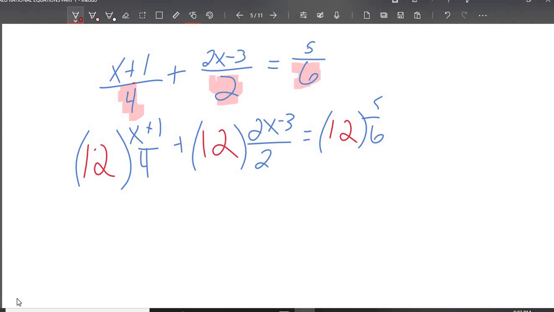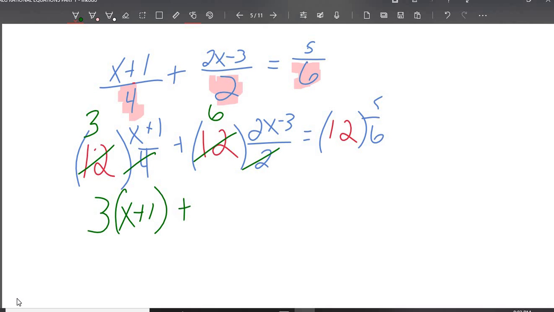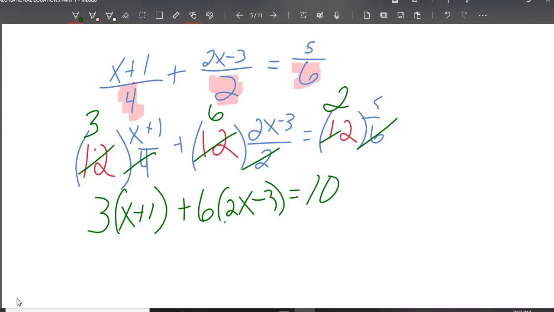Now, do the dividing. 4 goes into 12 3 times. This time, though, I've got a 3 and I've got a binomial. And not just a number, but a binomial. This one, 2 goes into 12 6 times. We got 6 times 2x minus 3. 6 goes into 12 2 times. 2 times 5 is 10. Do the distributive property.